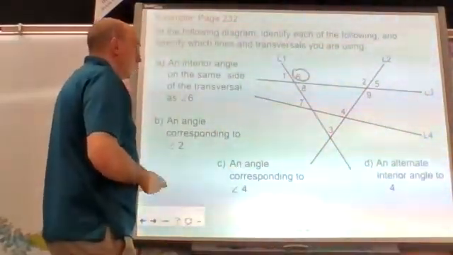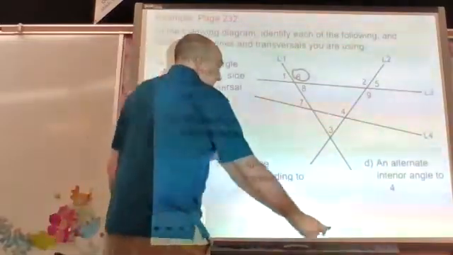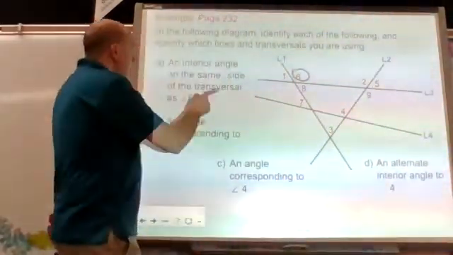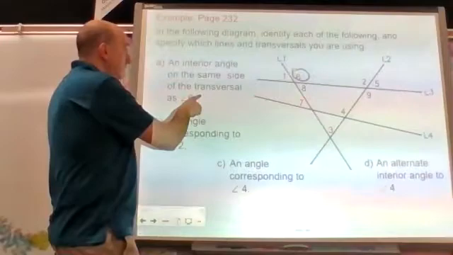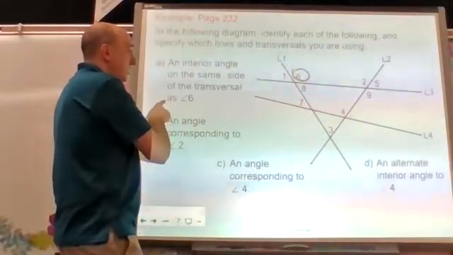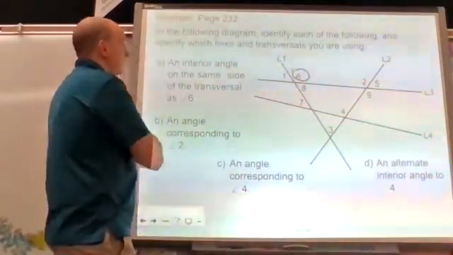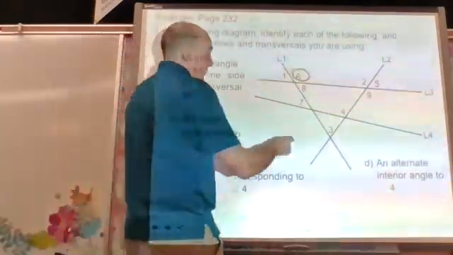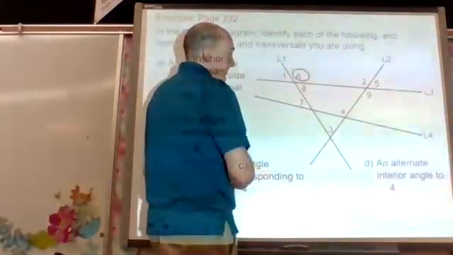So let's start with looking at L1 as my transversal. An interior angle on the same side of the transversal as 6. Well, 8 would be an interior on the same side of the transversal.